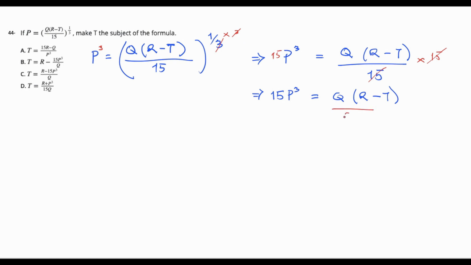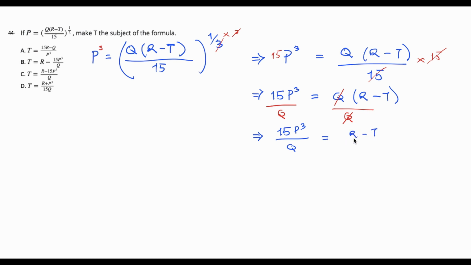All we have to do is divide both sides by Q. So the Q here gets rid of the Q here. Our new equation is 15p cubed over Q equals R minus T.